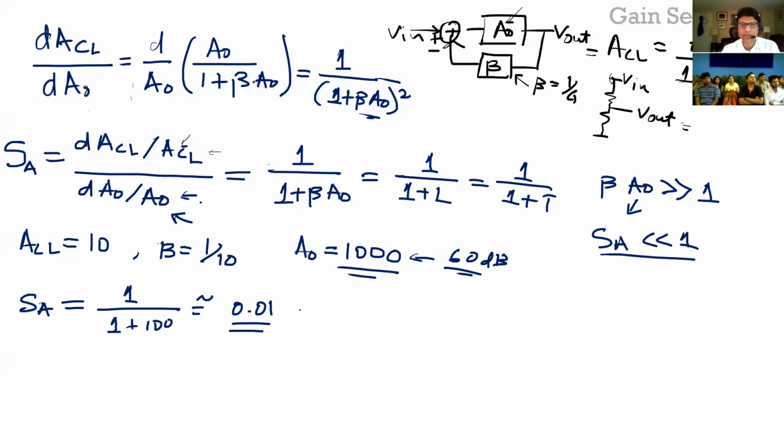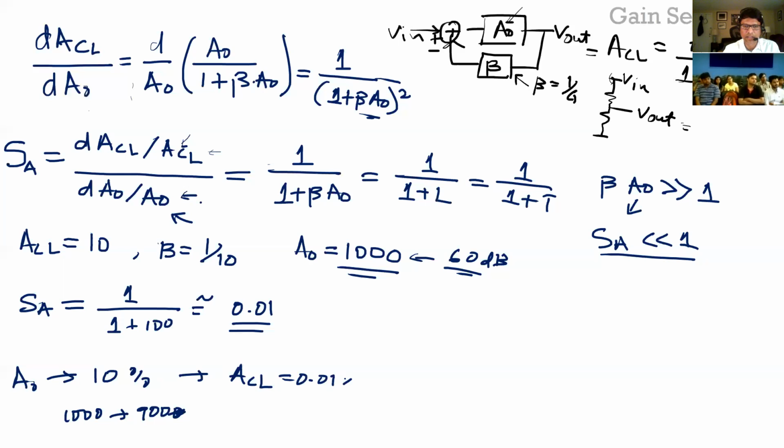correct? So what it means is that if I change A naught by 10%, so for example, I had 1000 of gain, I changed it to 900, then my ACL will only change by 0.01 times 10%, which is 0.1%, right?